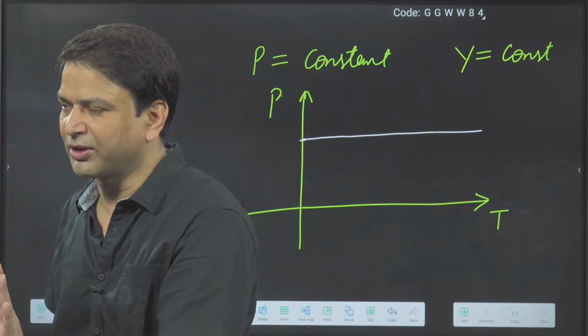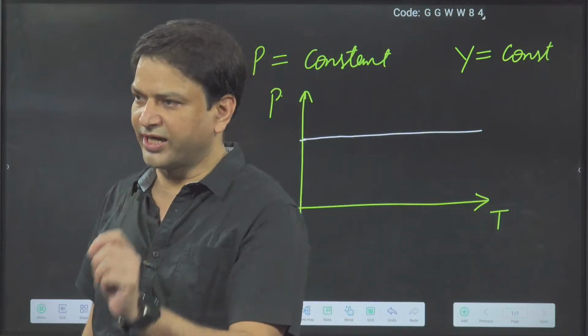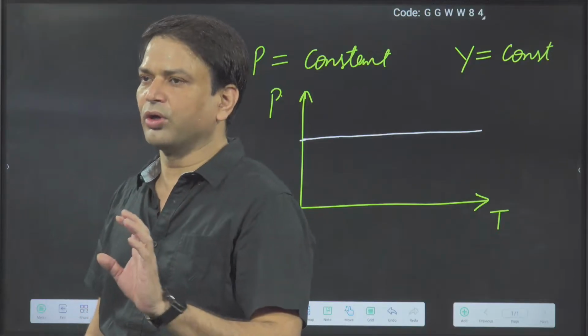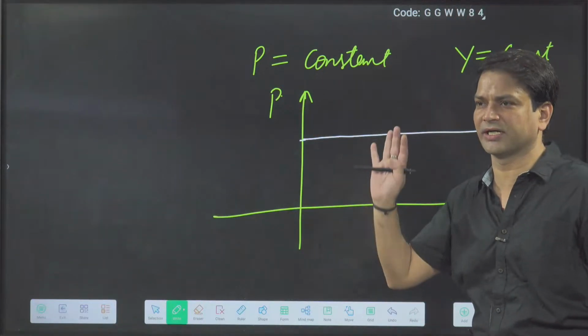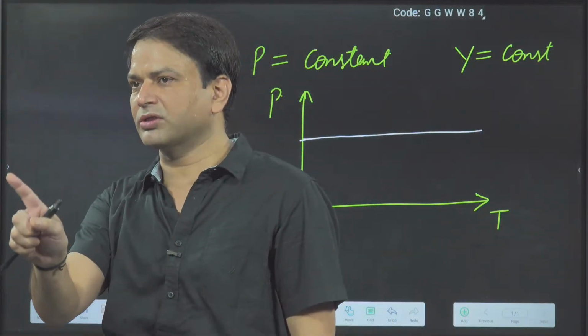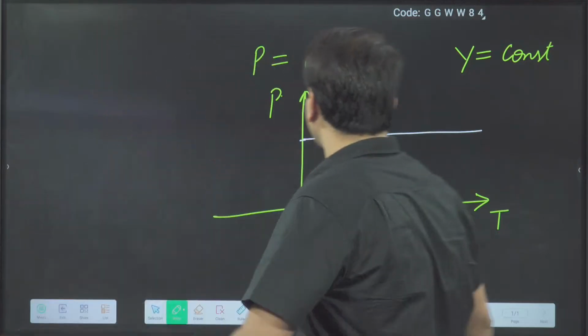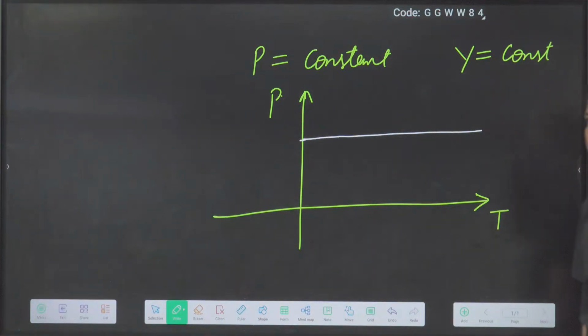Did everybody get the statement or not? If pressure is constant, the graph will be a straight line perpendicular to the pressure axis. Did everybody get it or not?